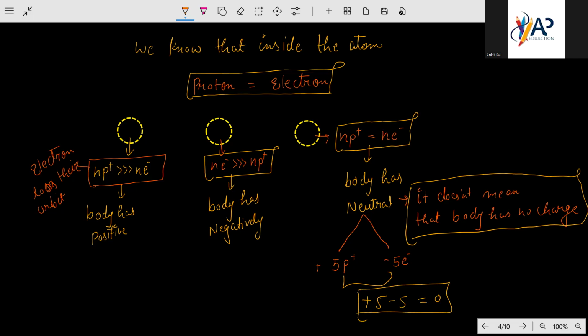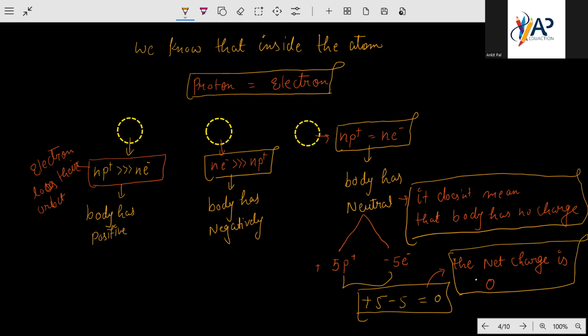It means the net charge is 0. Net charge means the sum of the proton value and the electron value, which becomes 0.